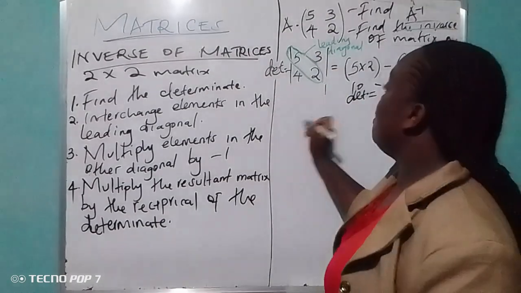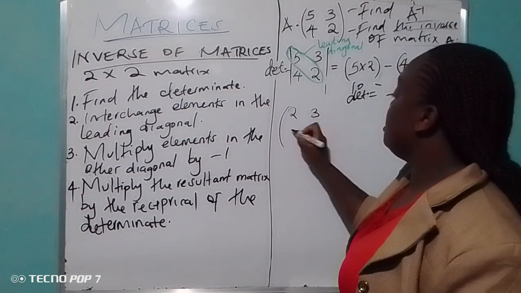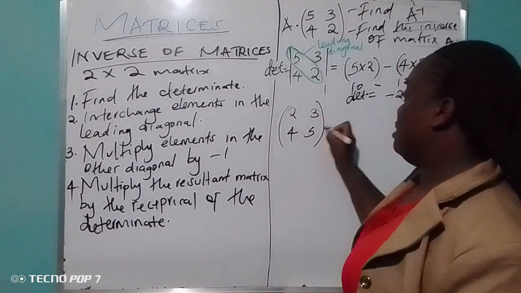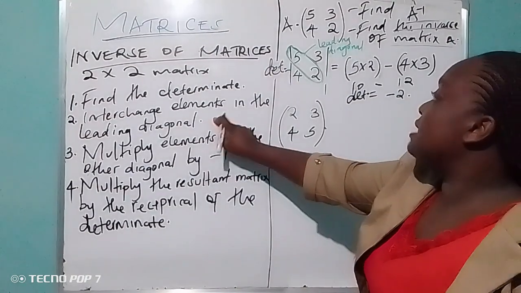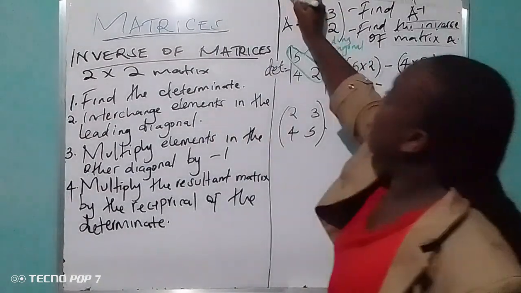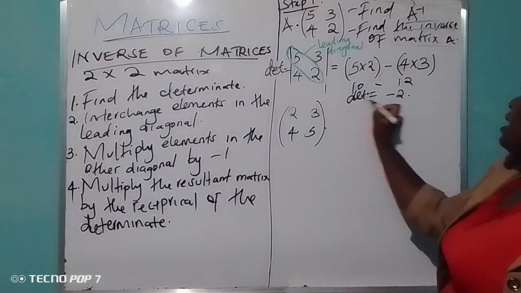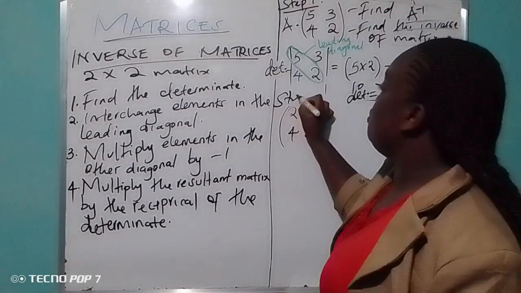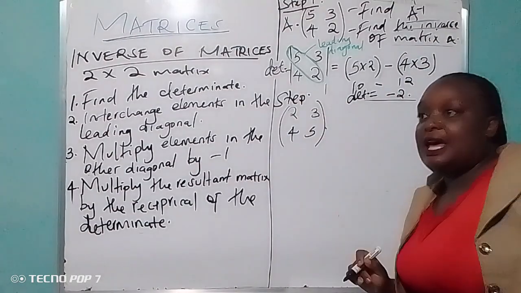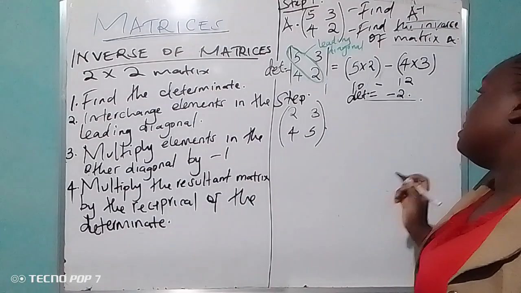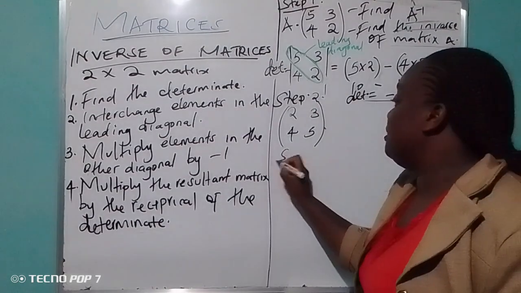So our resultant matrix has 2 at the top, 3 stays here, and the 5 comes here. So we have done the second step. Step 1, we found the determinant. Step 2, interchange elements in the leading diagonal.